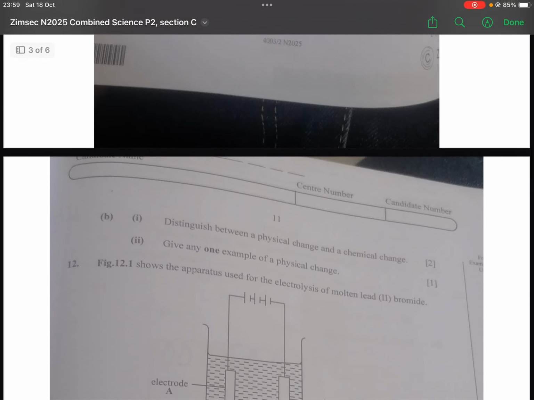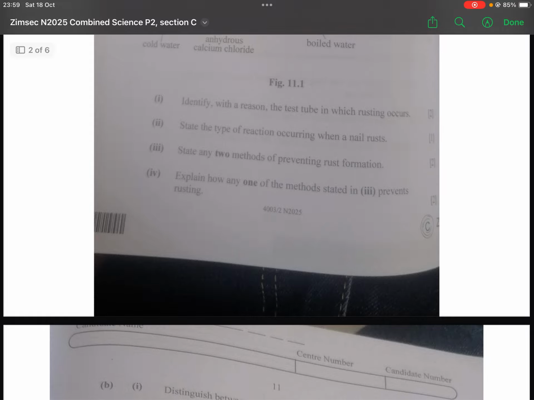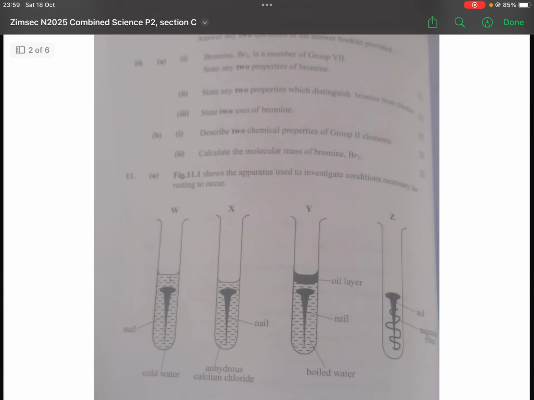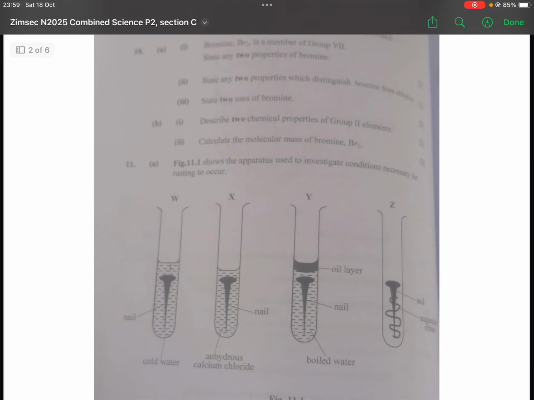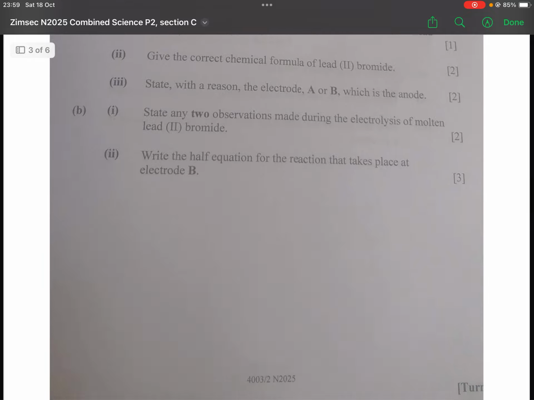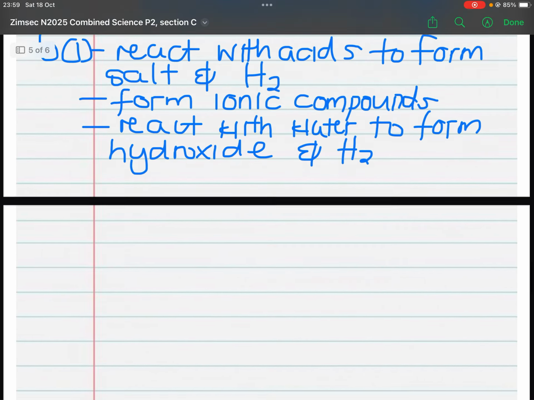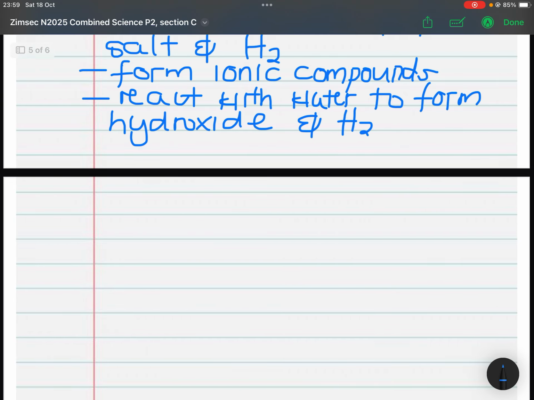And then lastly, we are required to answer this question. Calculate the molecular mass of bromine, right? We are having bromine like this. We need to check on the periodic table the molecular mass of 1 bromine.